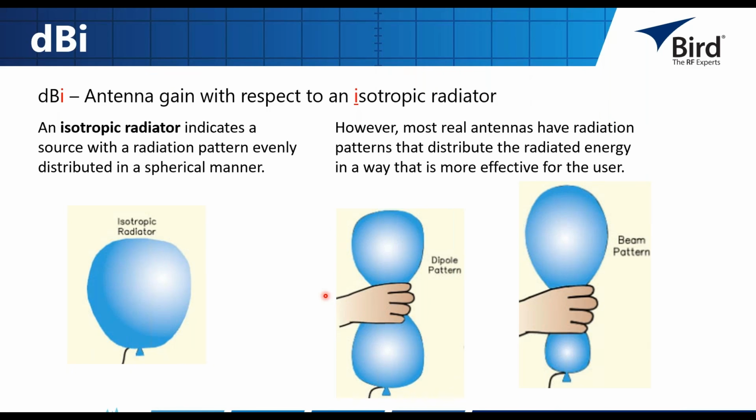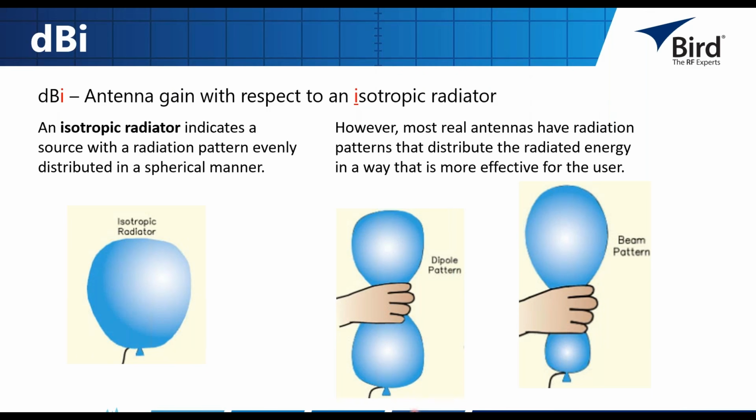You have the same amount of energy that had been delivered to the antenna, but now you're rearranging how it's distributed due to the antenna pattern. Something like this would be more like our donut antenna pattern that we saw earlier, or something like this would be that directional antenna that we were looking at.